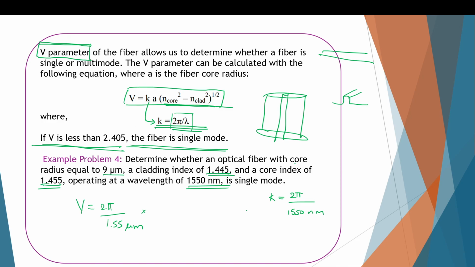So this a, I forgot to tell, a is nothing but the fiber core radius. They have given it to be 9 micrometers.